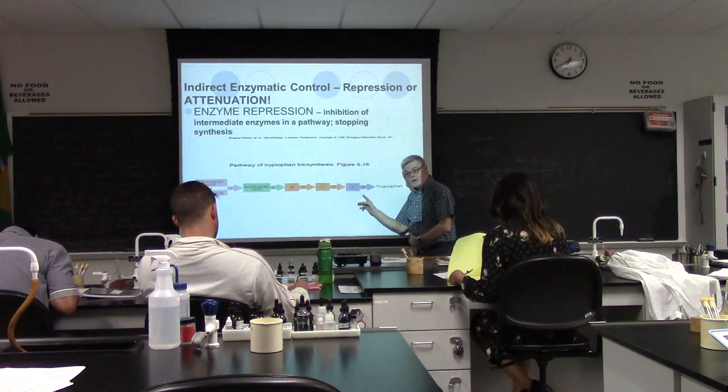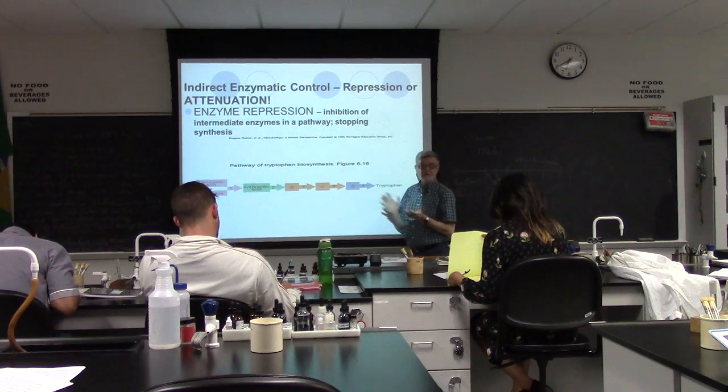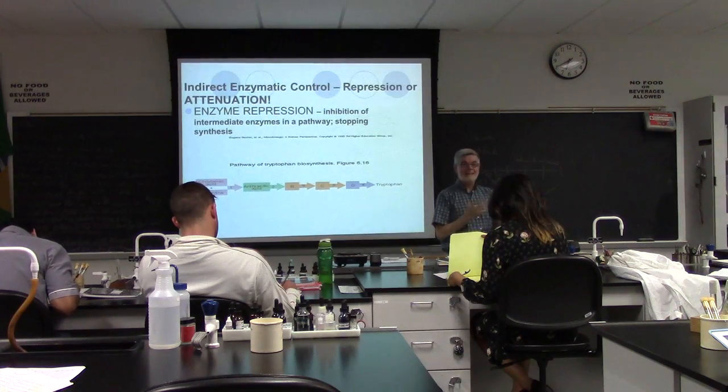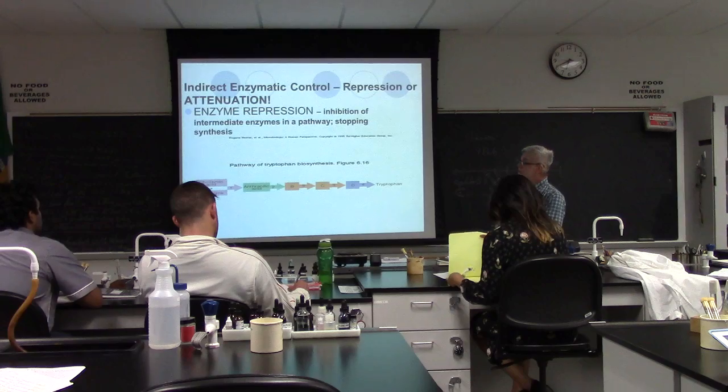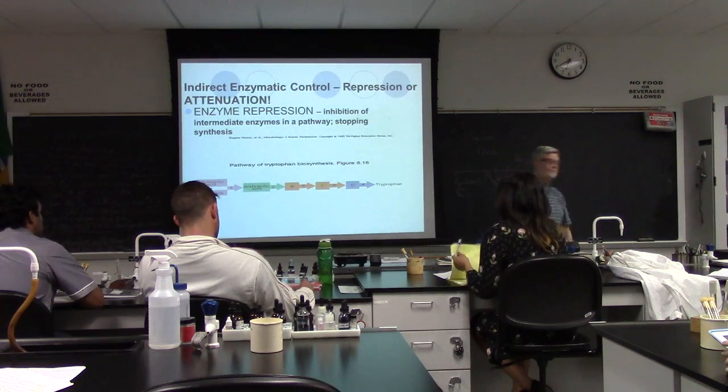The moment you use the one up, immediately you have the next one. So there's no lag time or wait for the cell to get the tryptophan it needs constantly. So this is a better method than the last one. Anyone have trouble with it? Told you. If you understood the lac one, you've got the rest of them easy.